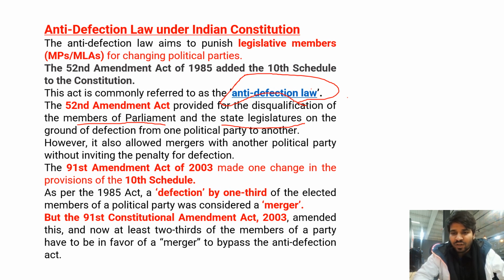But later, with the 91st Amendment Act 2003, the number of members needed to merge into another political party, earlier 1/3, has now become 2/3. So the minimum requirement for merger is 2/3, right? Now a minimum of 2/3 of members are needed to join another party.